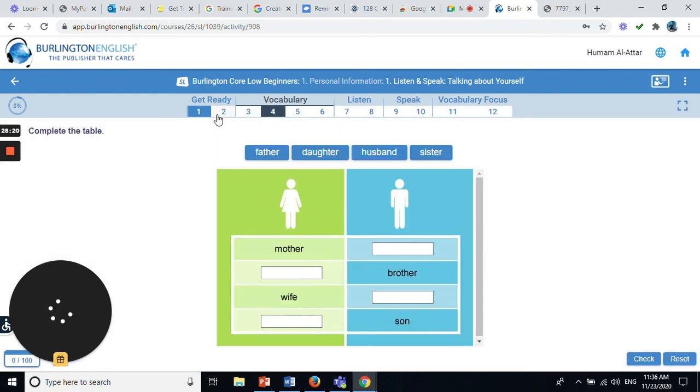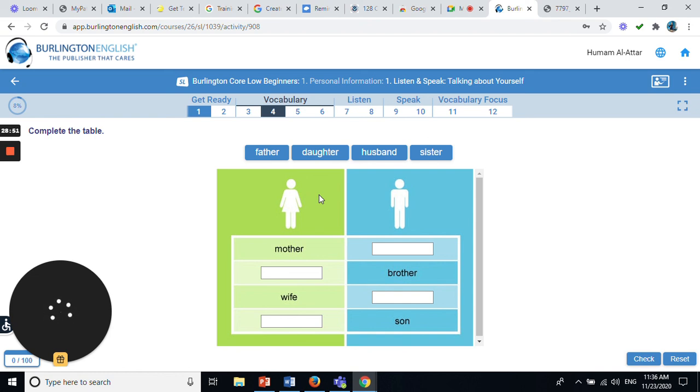And after you finish number 1, 2, 3, you can move on to the other part of the lesson. Now here, you will see 2 pictures and you have words: mother, wife, brother, son. So what does that mean? What do we call the woman, or what can they be to us in our family?